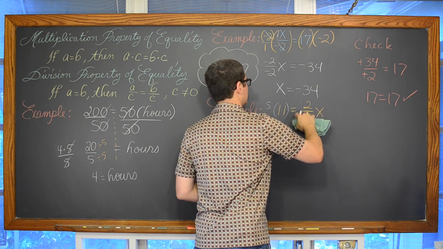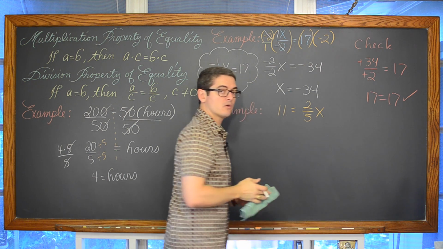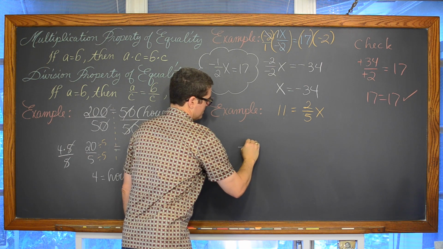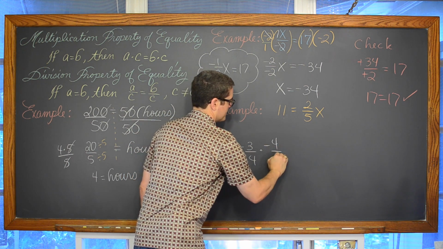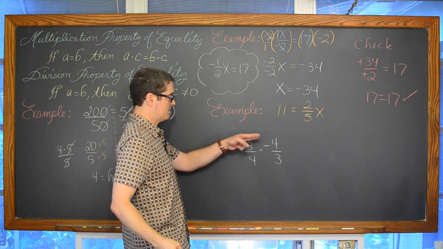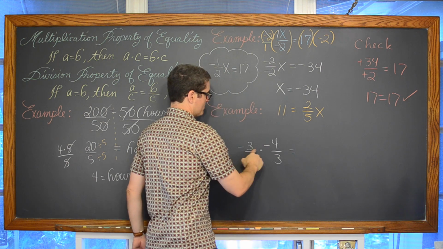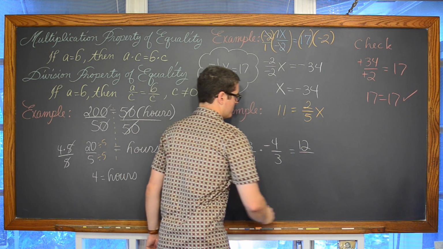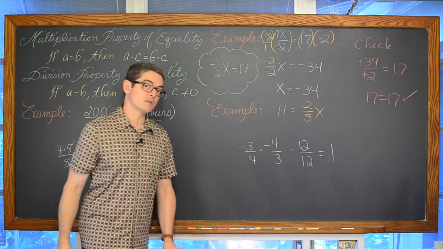You can remember that with fractions, when you multiply reciprocals, that means when you flip a number like negative 3/4 times negative 4/3, taking that fraction and writing the reciprocal, negative 3 times negative 4 is going to be 12, and positive 4 times positive 3 is going to be 12, and anything divided by itself is going to be equal to 1.